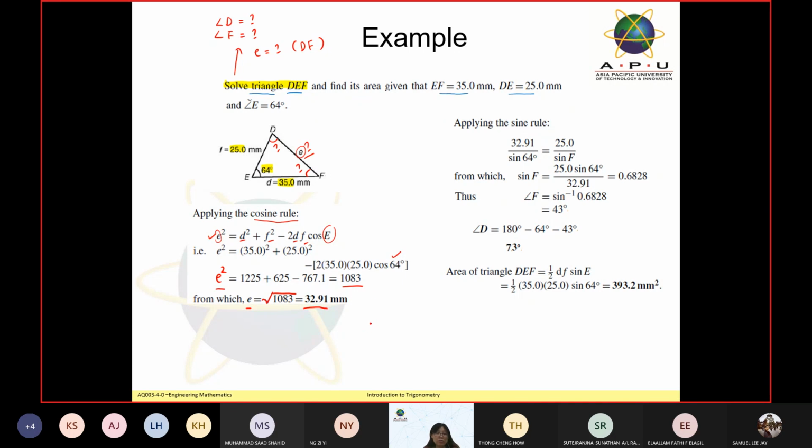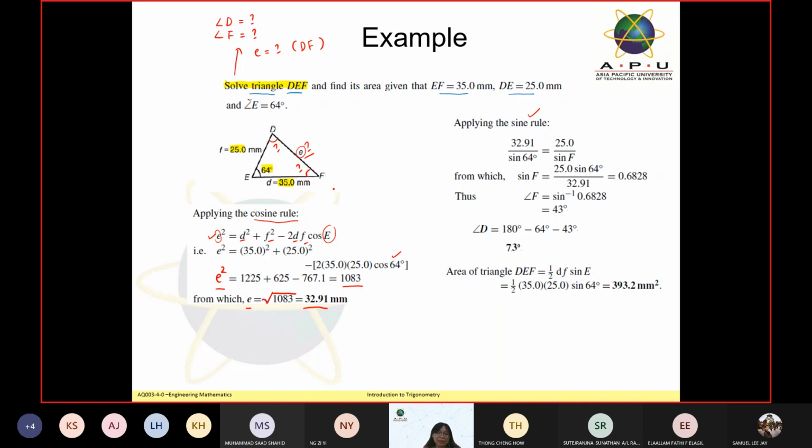So we managed to get side E, 32.91. Now we need to move on to find the other two angles. Is it possible to use the sine rule? As I say, the sine rule is easier to solve, so as a priority we try to use the sine rule.